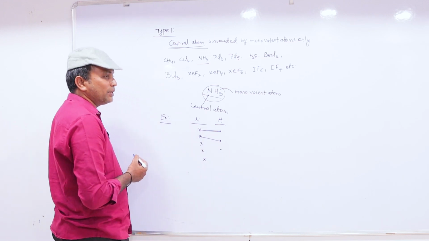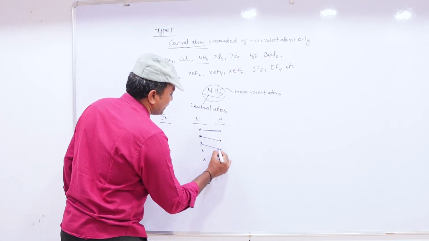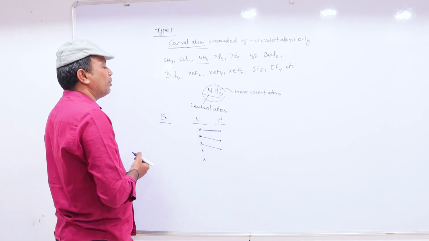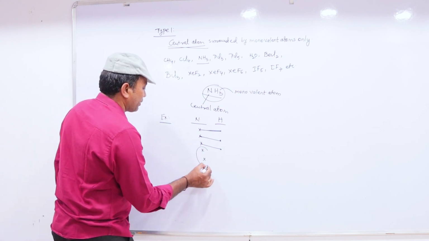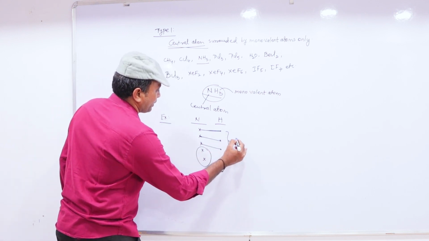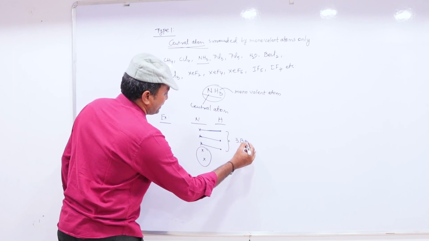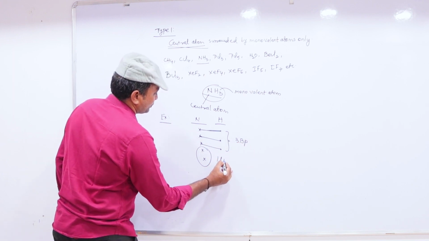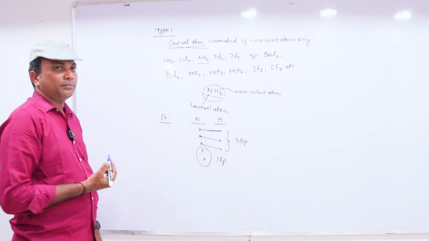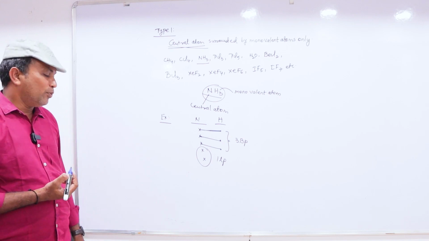Here this electron to this electron is one bond pair, and this electron to this electron is one bond pair. So 3 bond pairs and 1 lone pair.